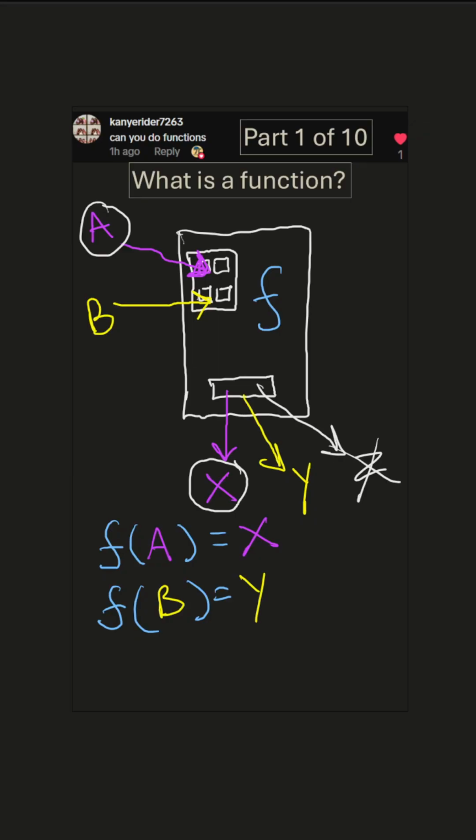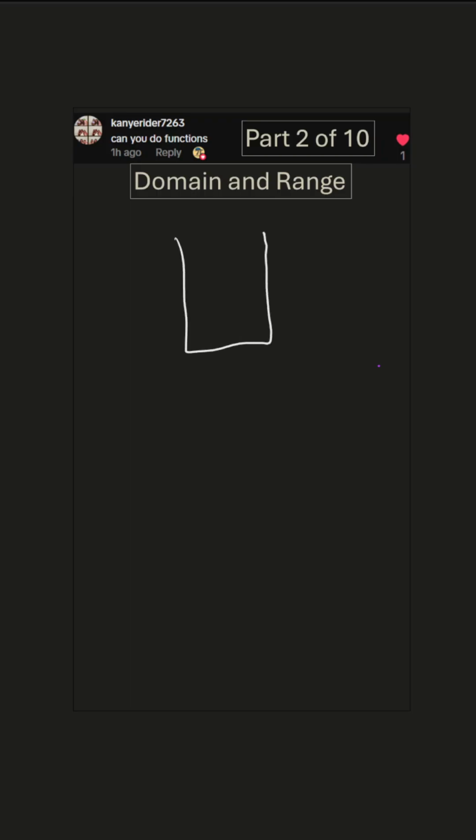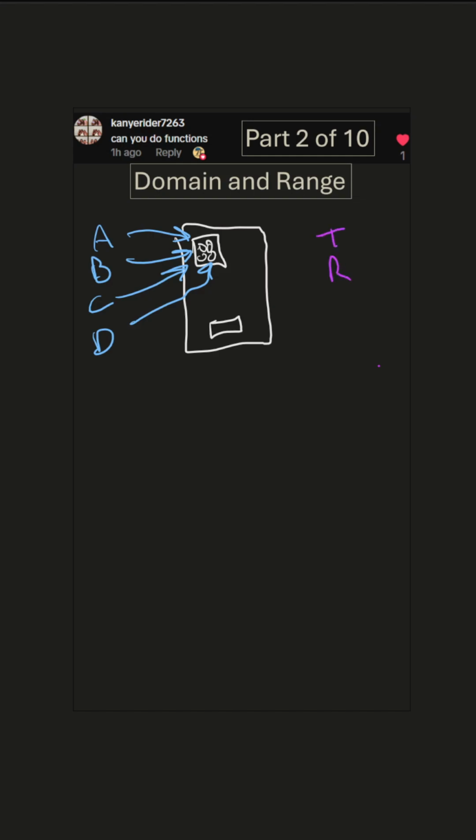Stick around for more. Remember our vending machine example looked like this. It had some buttons and a dispenser, and you could press one of the buttons, maybe A, B, C, or D. Each letter corresponds to a button, and then you can get some kind of output like T, R, S, V. So a button corresponds to a snack or a beverage.